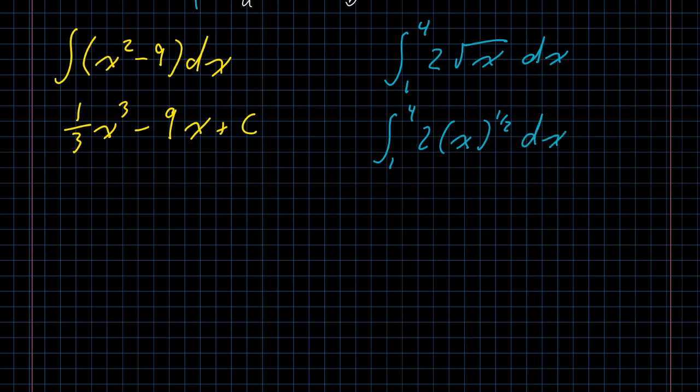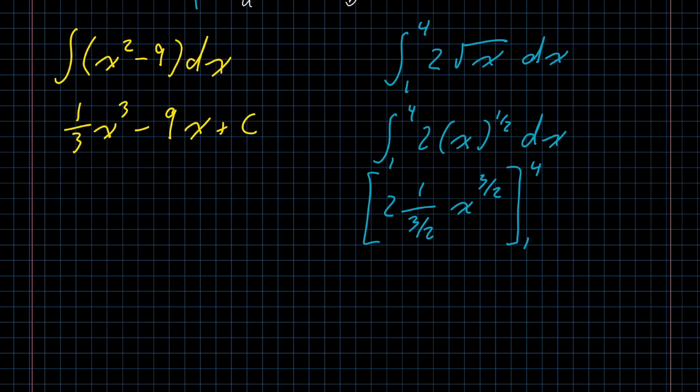1/2 plus 1 is 3/2. So we will have 1 over 3/2, and then we will have x to the 3/2 power. Then we have that 2 in front. But then we have to follow the fundamental theorem of calculus and evaluate this at each of the limits of integration.